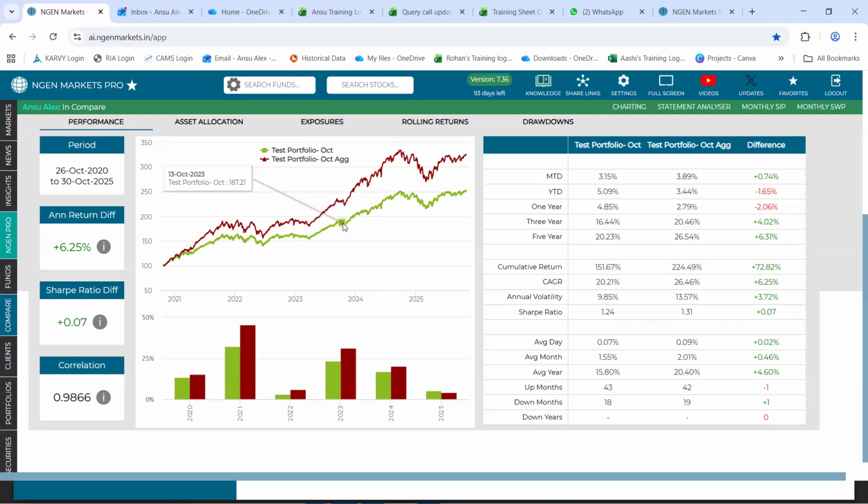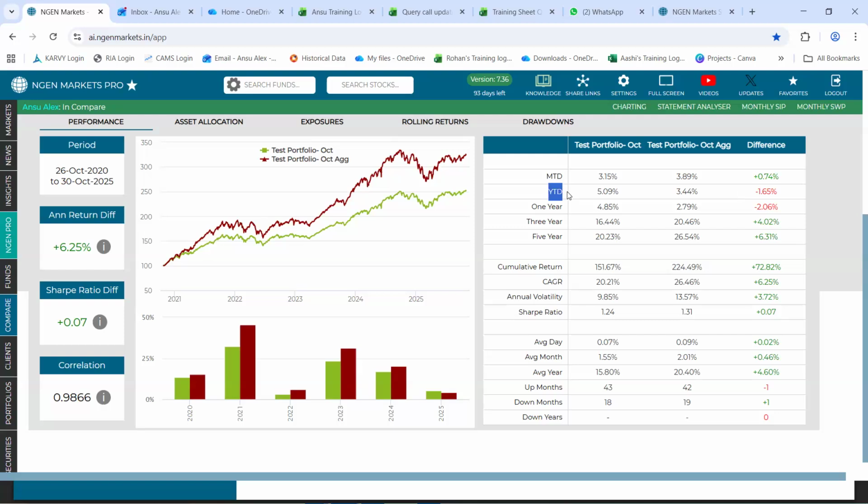And when you come towards the right, you see certain parameters such as MTD, the month to date return for both the test portfolio as well as that of the aggressive portfolio. We could see that our aggressive portfolio on a month to date basis was in fact performing better than the test portfolio. You could see a positive difference to an extent of 0.74.